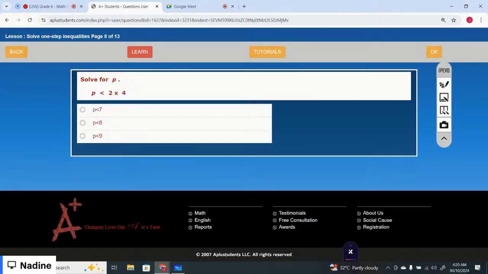The next one is solve for P. P is less than 2 times 4. So which is the correct option?